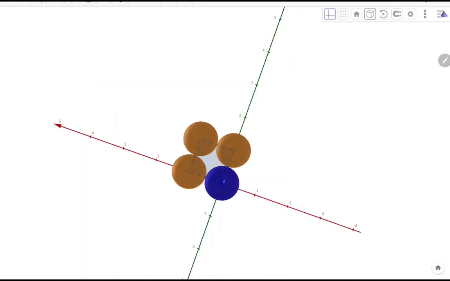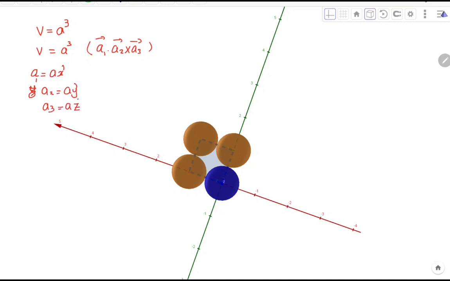Now the volume of the conventional cell of the simple cubic crystal is equal to a cubed, and the volume of the primitive cell is again a cubed, or a1 dot a2 cross a3. Remember, a1 in this case is equal to a x-hat, a2 is a y-hat, and a3 is a z-hat.